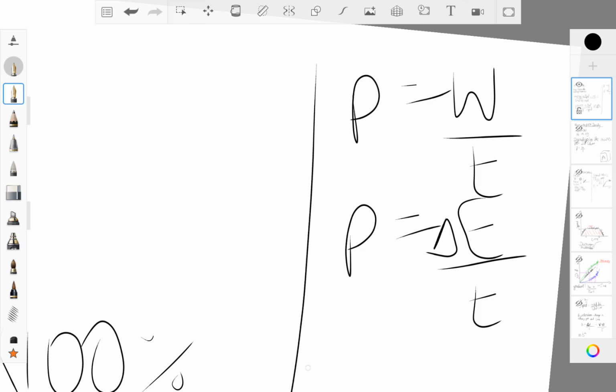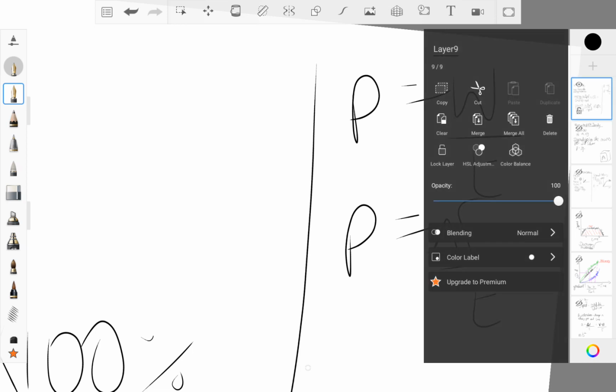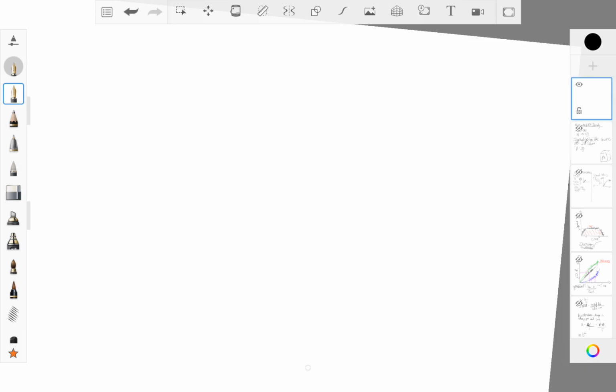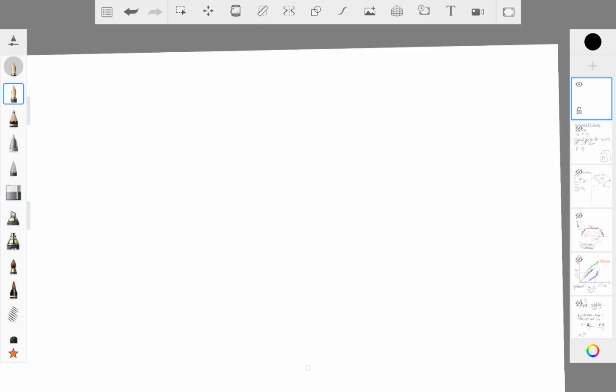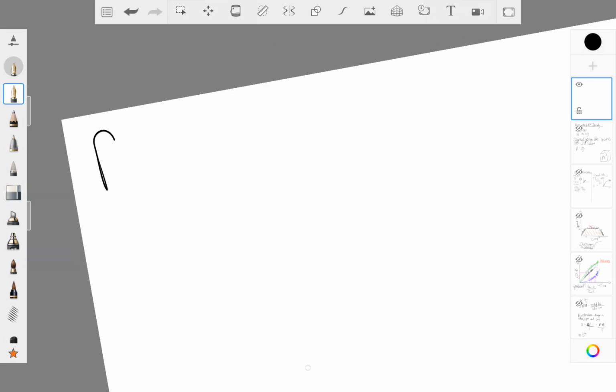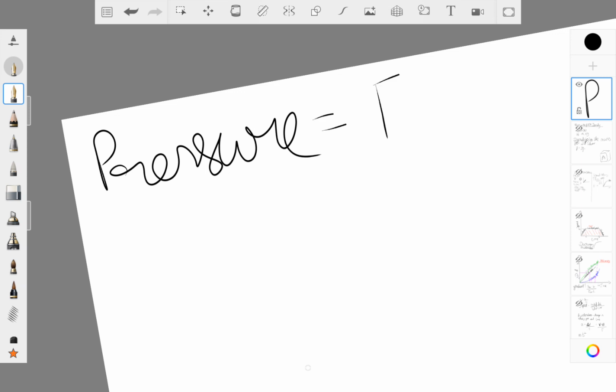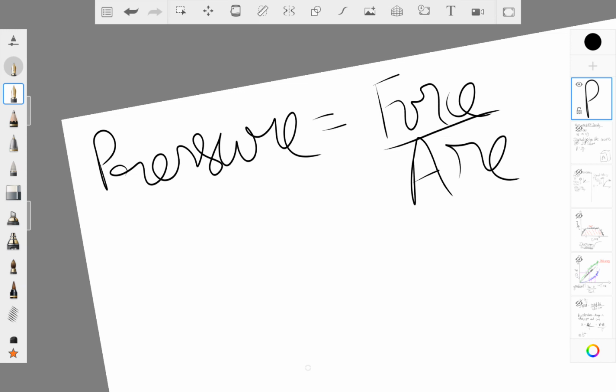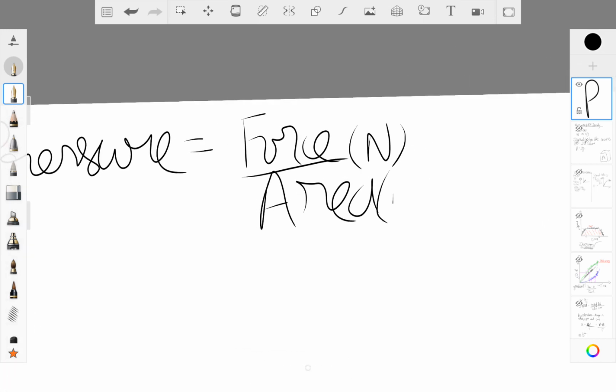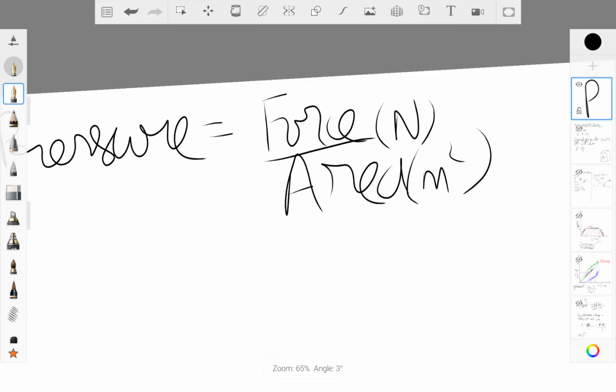And now finally we can come to the last part under general physics, which is pressure. Right. Now pressure is the force per unit area, and pressure has a very simple formula: force over area, where force is measured in newtons and area is measured in meters square.